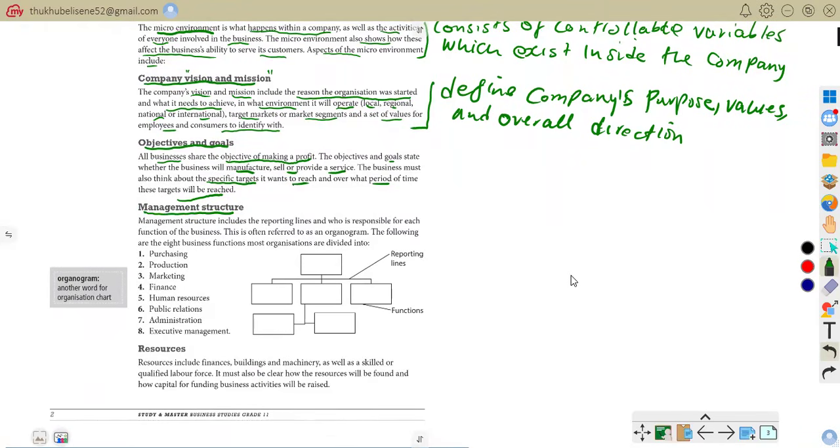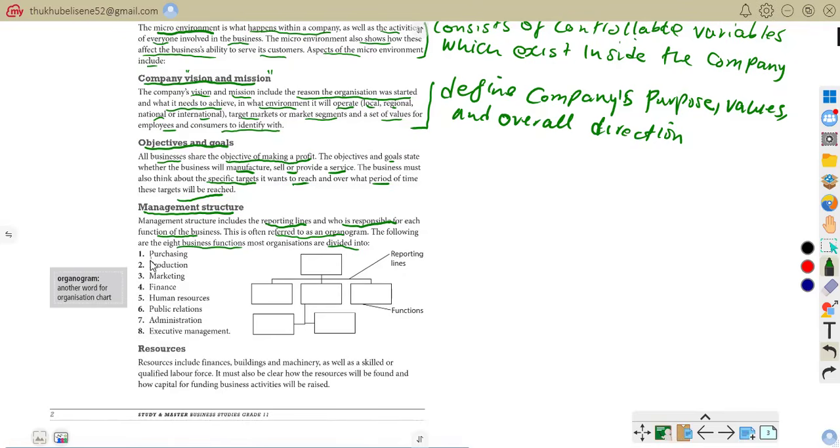This affects how decisions are made and implemented. Like it says, management structure includes the reporting lines, who is responsible for each function of the business. This is often referred to as an organogram. The following are 8 business functions most organizations are divided into.